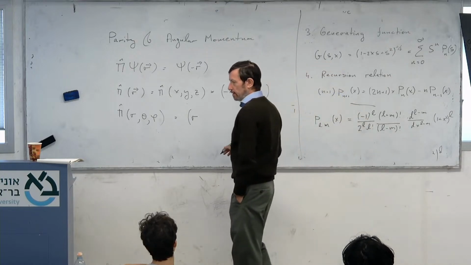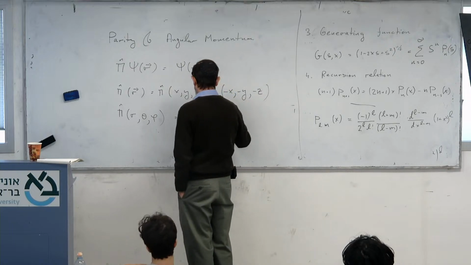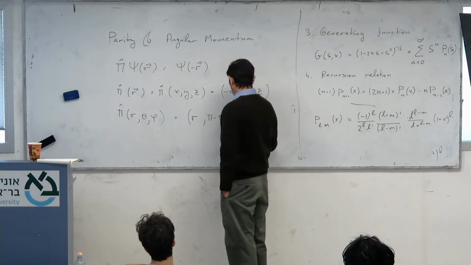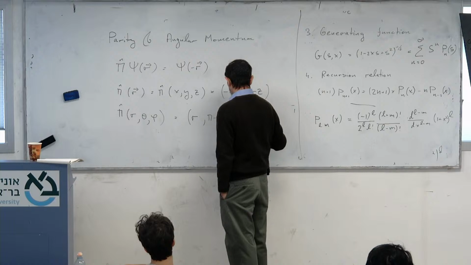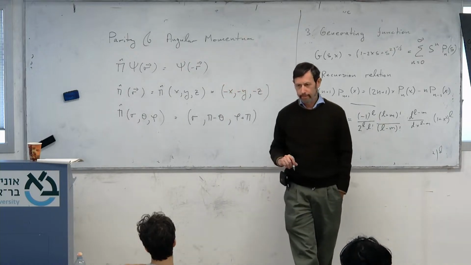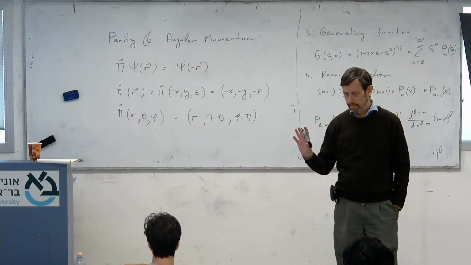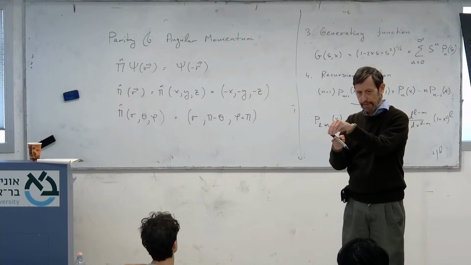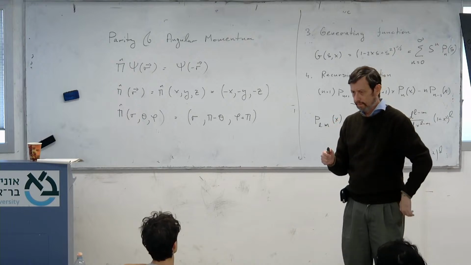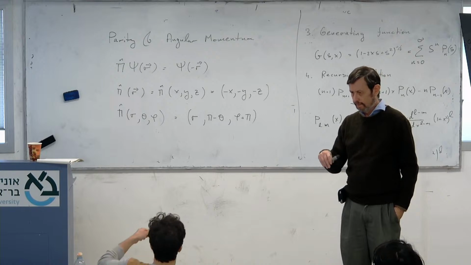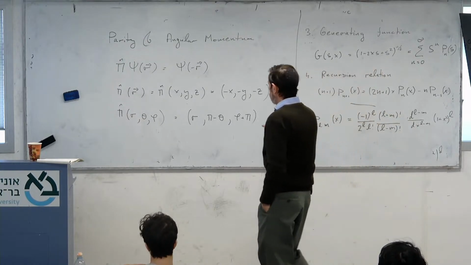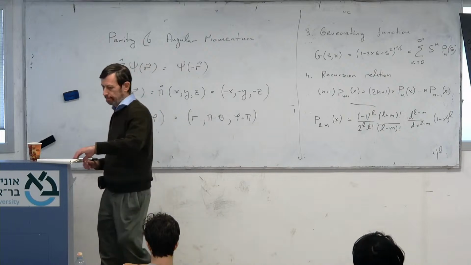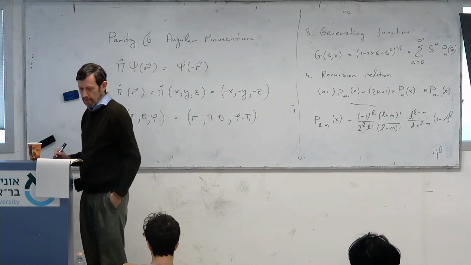So what we have is, instead of theta, we have pi minus theta. And instead of phi, we have phi plus pi. Okay. Phi becomes pi plus phi. You can draw it. Yeah, but I'm bad at drawing in 3 dimensions, but it makes sense.